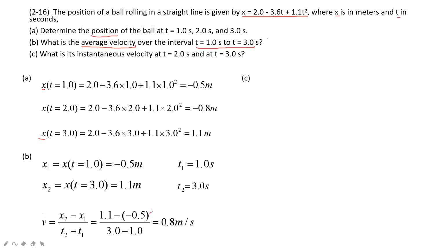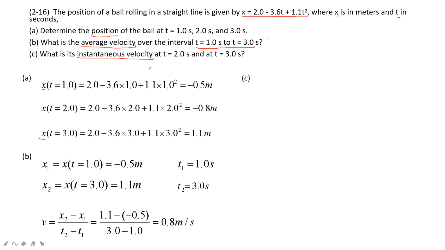Then we are done. The third problem asks us to find the instantaneous velocity. For the instantaneous velocity, we consider the time taken, this time period, to be very small, super small, tending to 0.